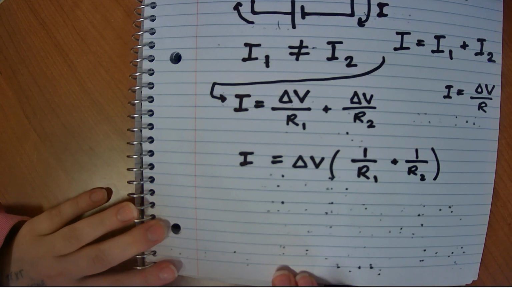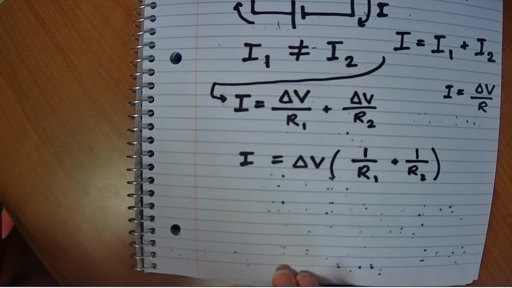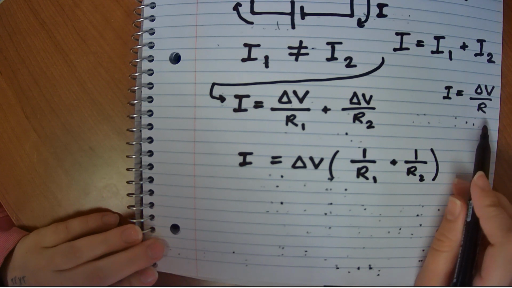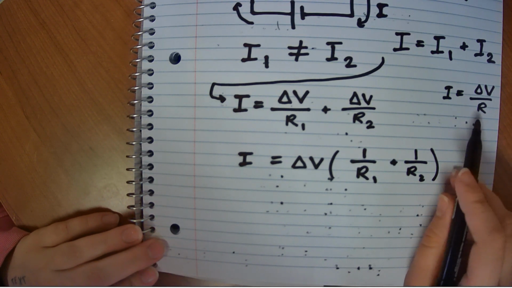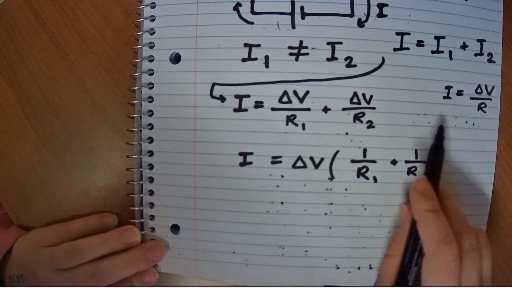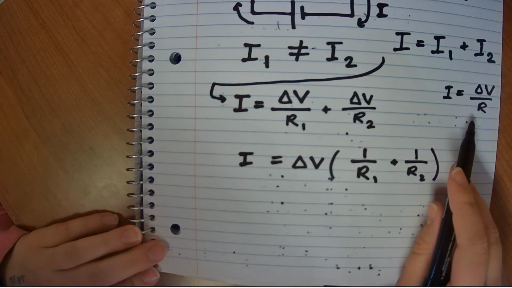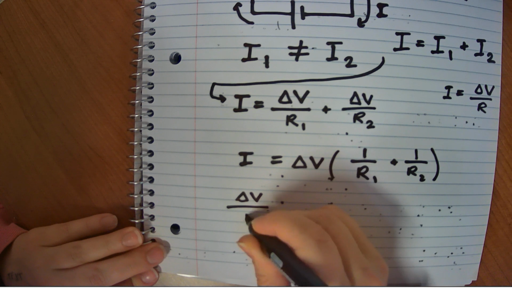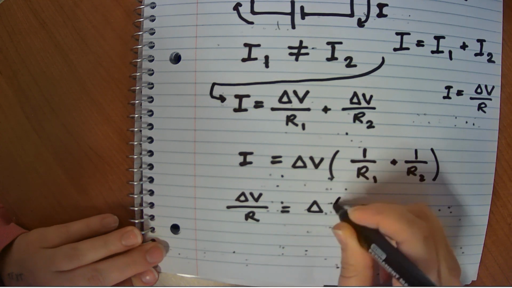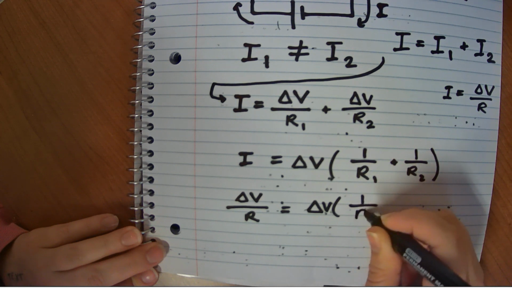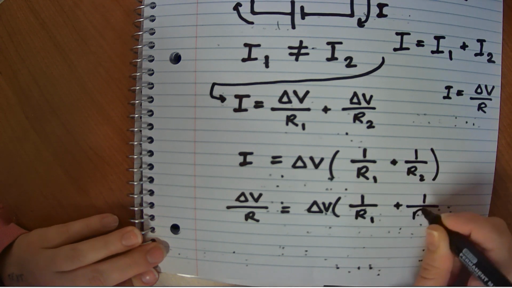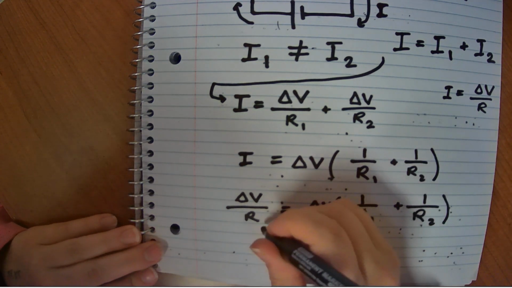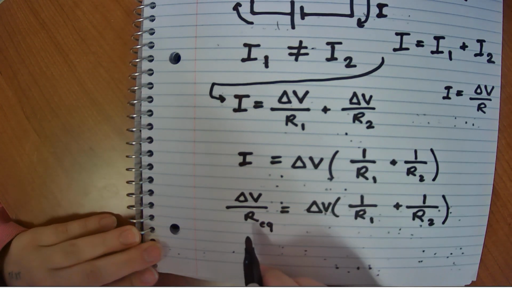So what does this look like here? If we compare it back to Ohm's law, we can conclude, if we look at Ohm's law here, and we set these equal to one another, let's say this is the equivalent resistance.